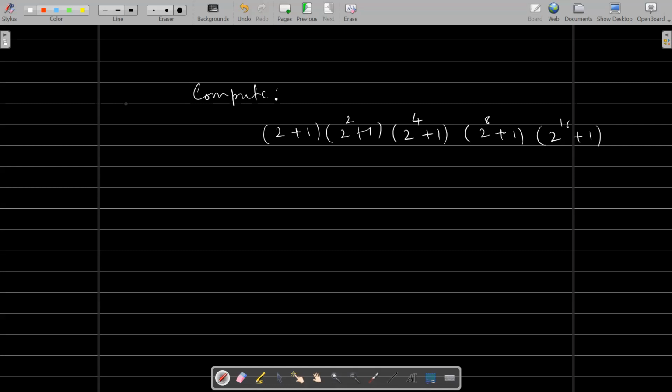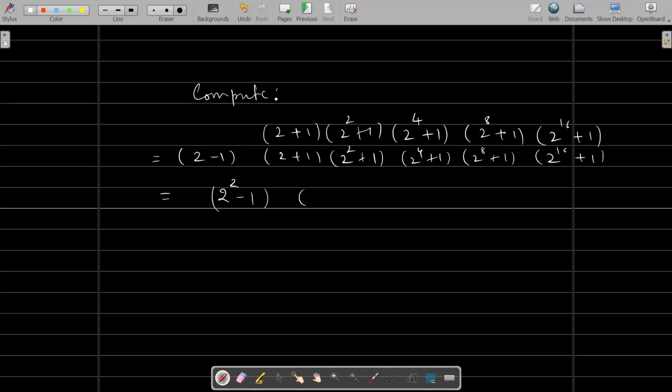Okay, so Anish had a nice trick. Multiply this by 2 minus 1, which is as good as 1, so this is the same as this. Basically, see that the powers are all powers of 2. So this gives me, as the first step, 2 square minus 1 into 2 square plus 1. The rest is the same.